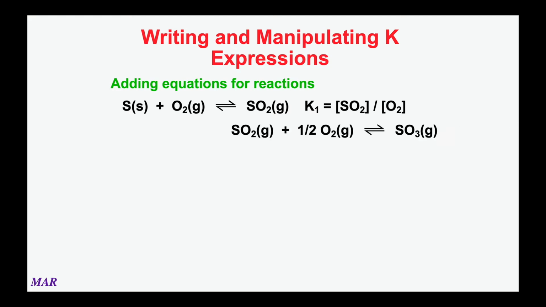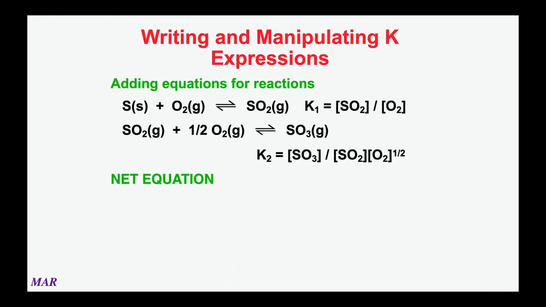No problem. However, this reaction actually does go on to make sulfur trioxide. So if sulfur dioxide reacts with half of an oxygen, i.e. 1 oxygen atom, but oxygen's a diatomic, anyway, half of an oxygen to make sulfur trioxide, we now have a second equilibrium.